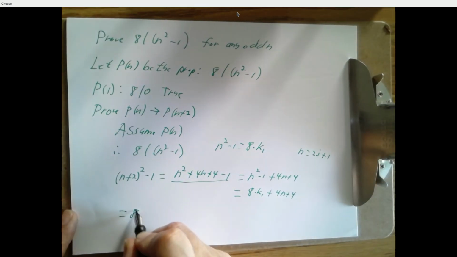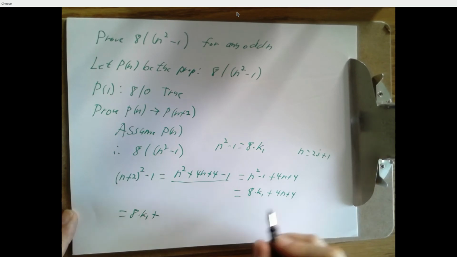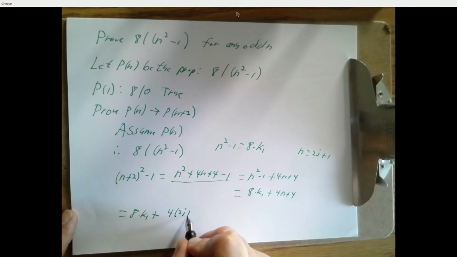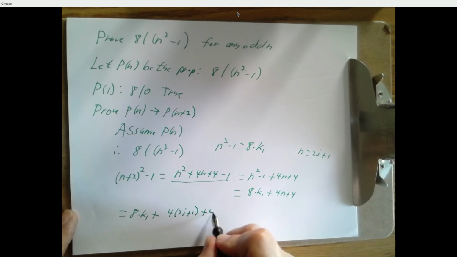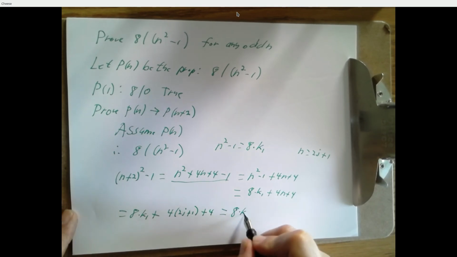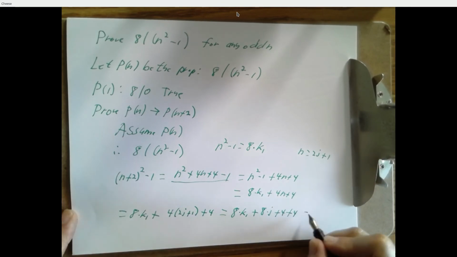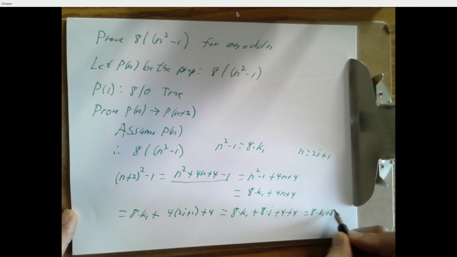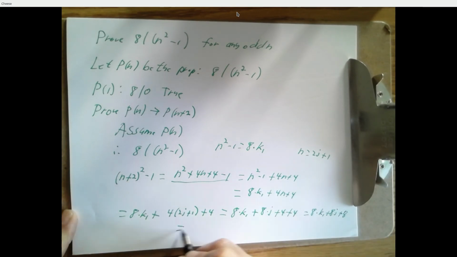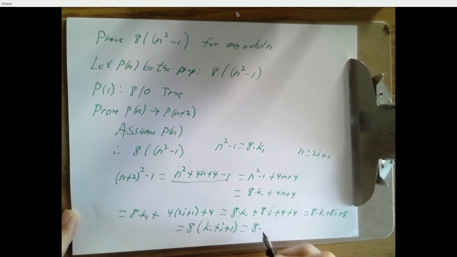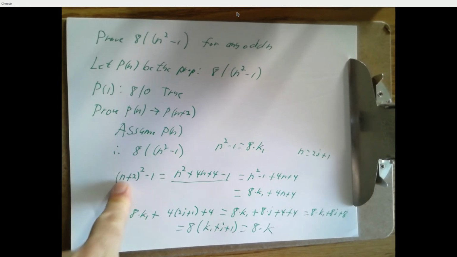So this is equal to 8 times k1 plus 4n, which is 4 times 2j plus 1, plus 4, equals 8 times k1 plus 8 times j plus 4, which is 8k1 plus 8j plus 8, which is equal to 8 times k1 plus j plus 1, which is equal to 8 times some integer k. And so 8 divides n plus 2 squared minus 1, and that's P of n plus 2.